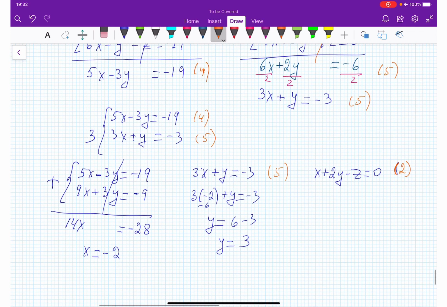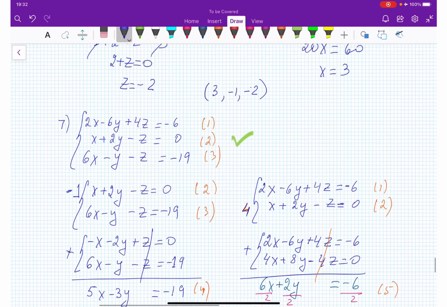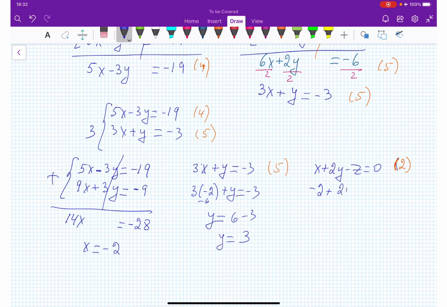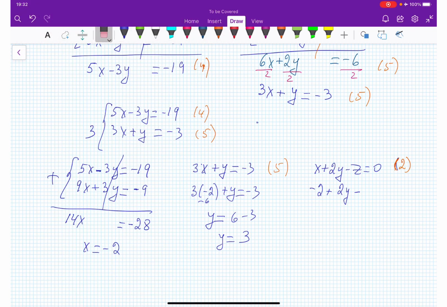Okay, so x is negative 2 plus 2y and minus z. My y is 3, so times 3, and minus z is equal 0.